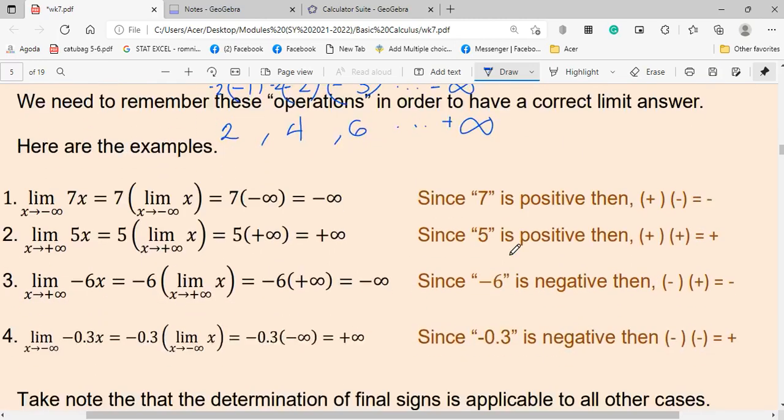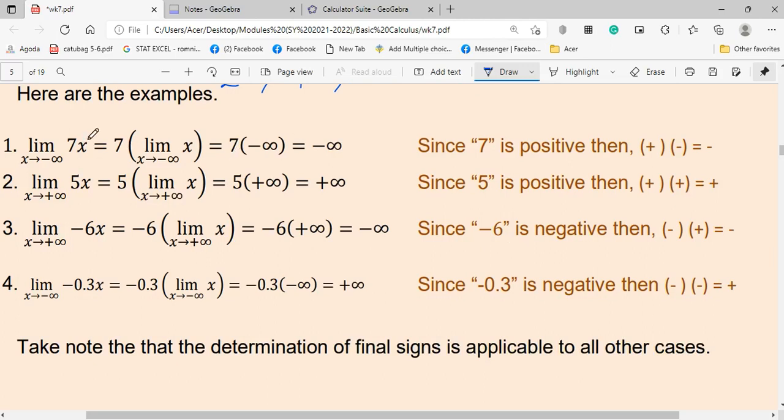Now let's have the examples. You see this. 7 times x. Kapag yan ay factor out mo, ilabas mo yung 7, and you know the rule of identity. If this is negative infinity, then this will also keep on decreasing. A positive multiplied to negative is negative. Okay? O 5x. Factor out. An increasing number multiplied to positive 5.